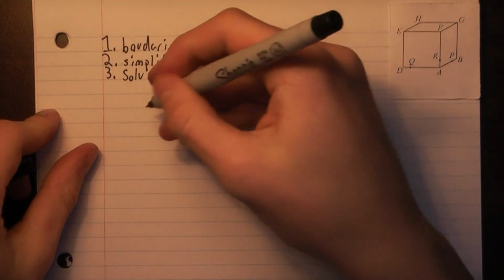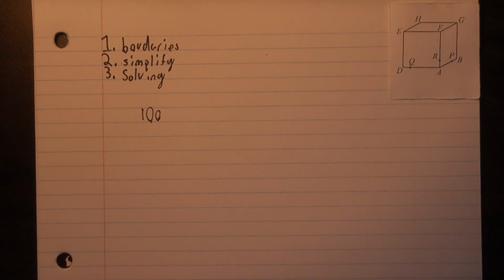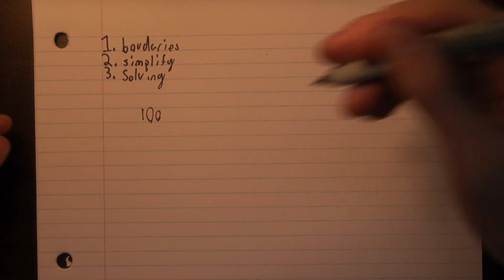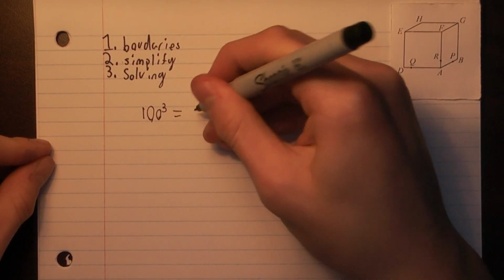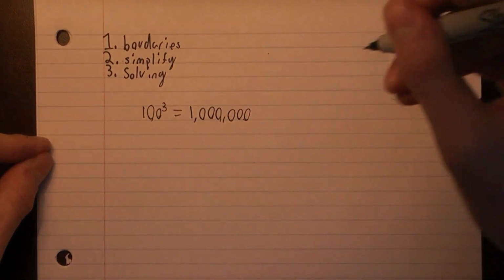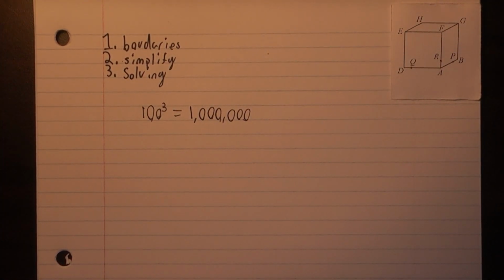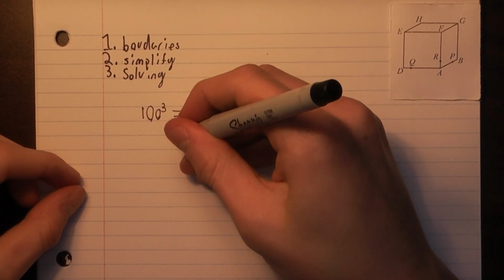The cube has edge length 100, and the volume of a cube is just its edge length times itself, or 100 cubed. 100 cubed is 1 million. So 1 million is the volume of the cube. So we need to find out what is 0.04% of that and what is 0.08% of that. Well, the percentage equation goes like this.